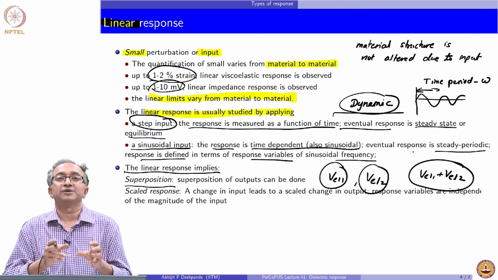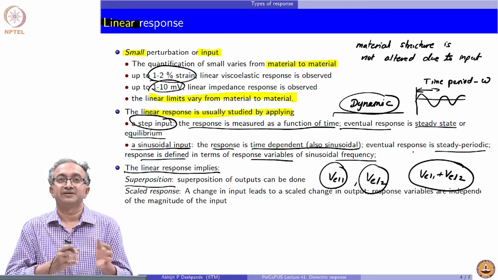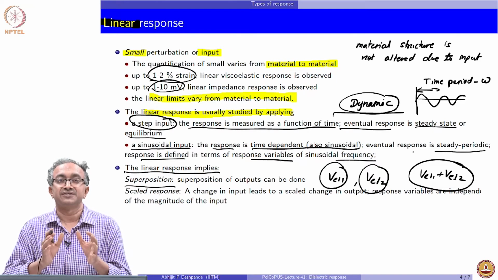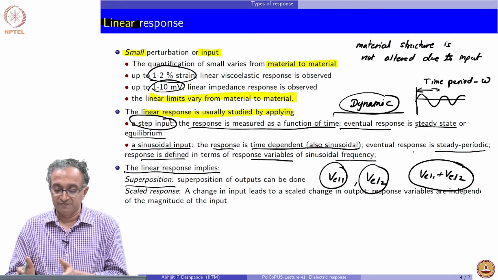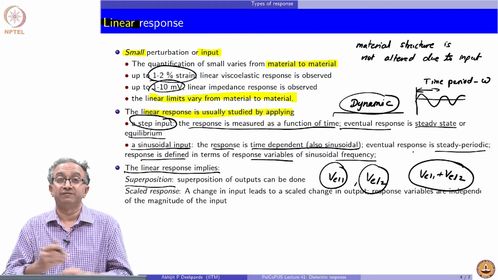Linear response does not imply that the variables electric field and current are related to each other linearly. It just means that whenever I have multiple inputs, I can sum them up and get the eventual output.